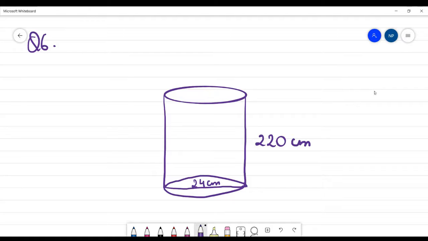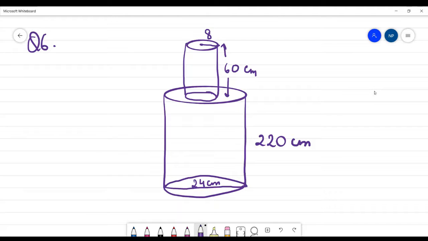On top of it, there is another cylinder. This height is given as 60 centimeter and the radius is given as 8 centimeter. Here instead of diameter, radius is given as 8 centimeter.